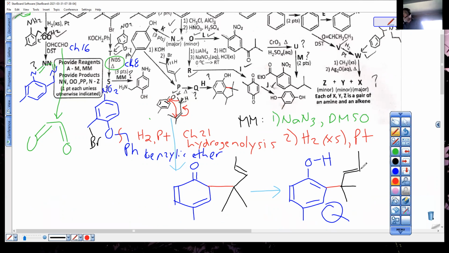It looks like this carbon right here has to end up attached to the benzene down here. So how could you make that into an electrophile and do an electrophilic aromatic substitution? It's an alkene. I can make a cation there. That's all I need to do. Make a cation right there, and that would just be HCl or H2SO4 or H3PO4.